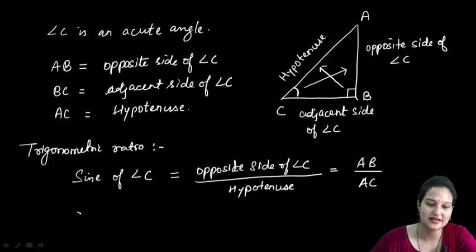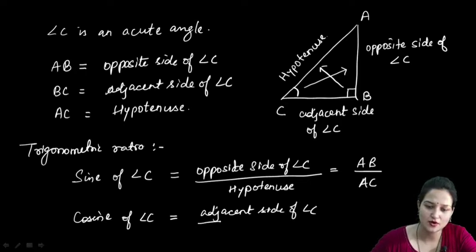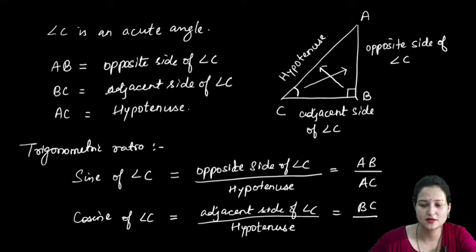Now for the next, cosine of angle C. It will be the adjacent side of angle C upon hypotenuse, which will be BC upon AC.